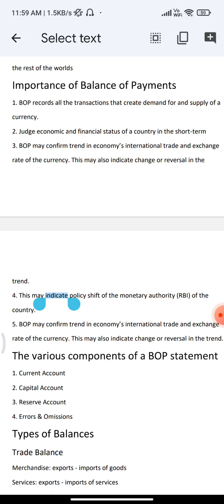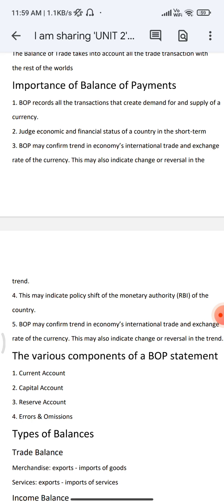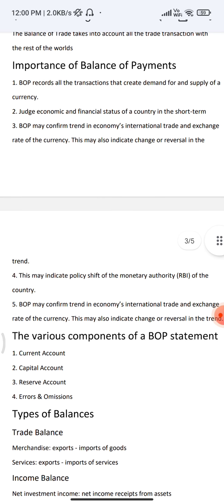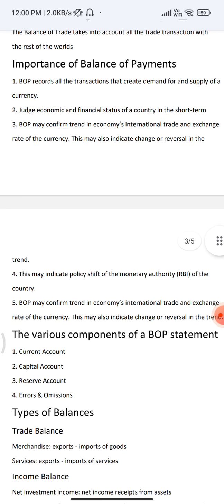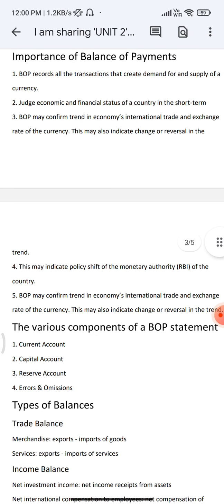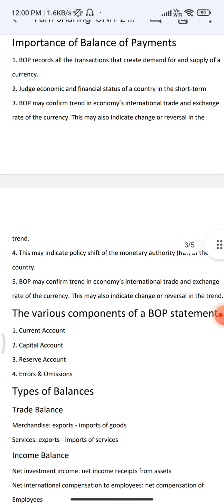It gives trends in international trade and exchange rate of currency. It also indicates the policy shift of monetary authority, like a change in the policies by the RBI. The last one is that it tells the trend in international trade and exchange rate of currency.